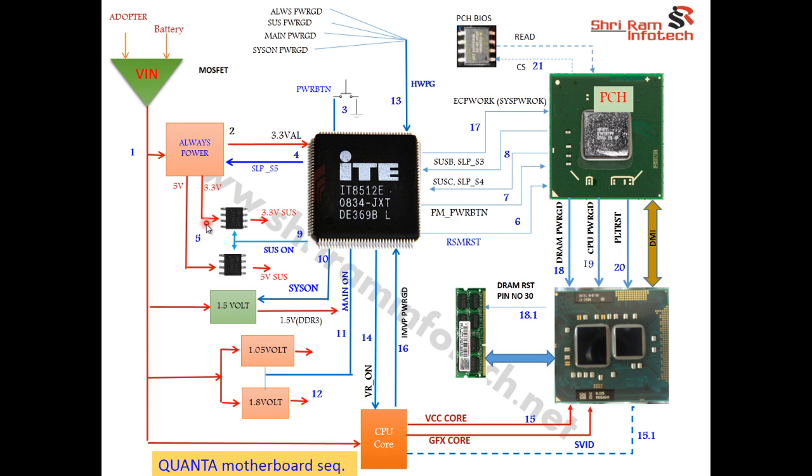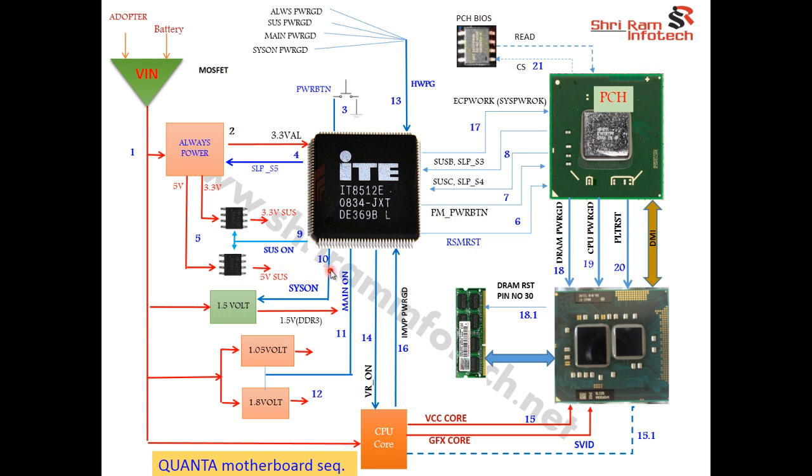This MOSFET has not passed it to the entire motherboard. But once SIO emits this signal, the SUS on signal, which it generates at step 9, this 3.3 volt passes from drain to source, and this 5 volt passes from drain to source. So this voltage is called the suspend voltage, and this voltage spreads to the entire motherboard.